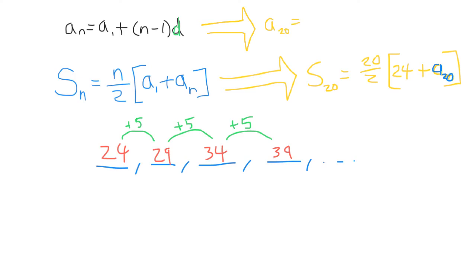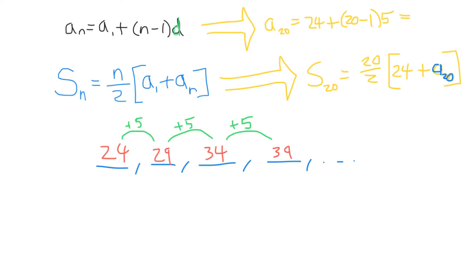It's a sub 1, and we know what a sub 1 is. It's 24. Plus n minus 1, that's going to be 20 minus 1, times d. Well, what's d? d is the difference between each term, so that's going to be 5.